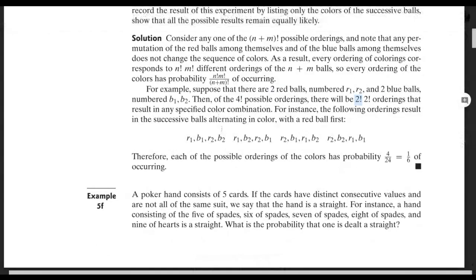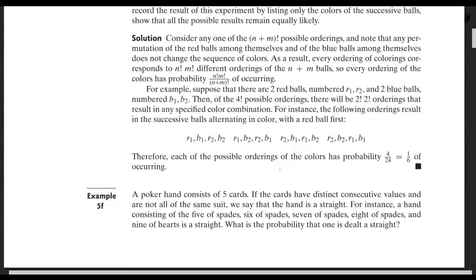So for instance, we could have R1, B1, R2, B2, but also R2, B1, R1, B2. Again, we name each ball of the same color differently. So that's why we have these 4 different kinds of permutations, right?